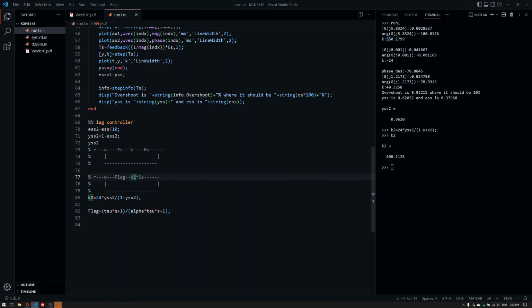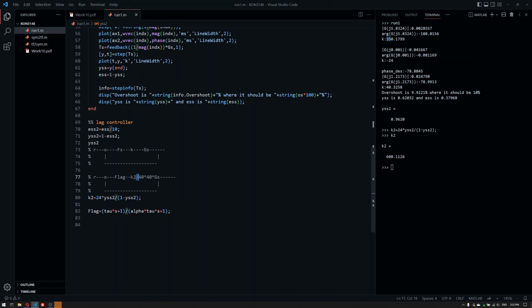So you can basically do this like K2 divided by 40 times 40, because this part here was already designed, but our whole system gain should be equal to K2 times GS, or K2 divided by 24.